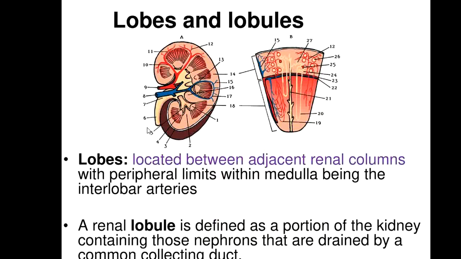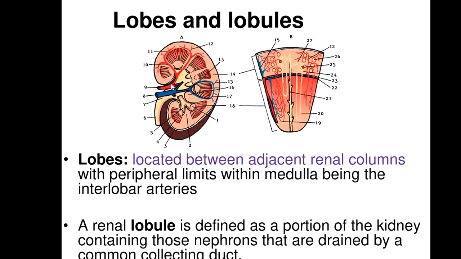Now you can see in the diagram that this is a small kidney. This is the renal artery, and this is the renal vein.